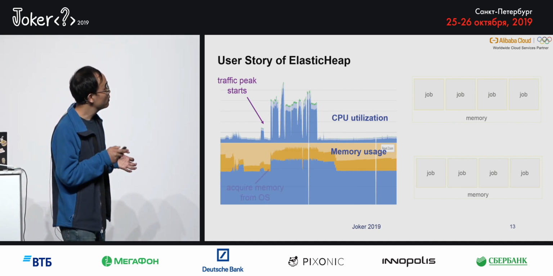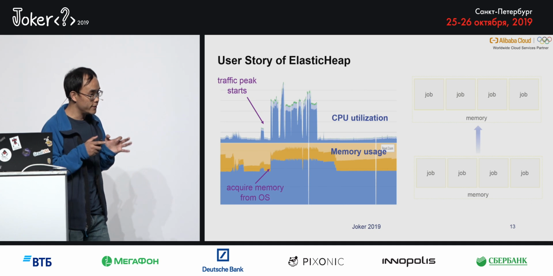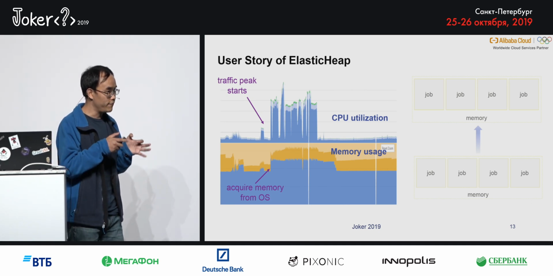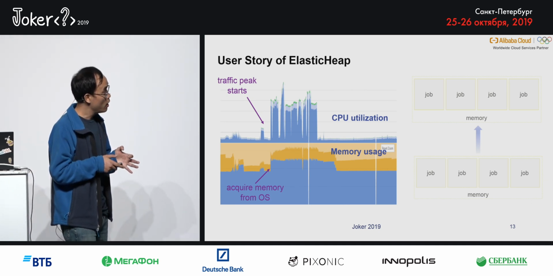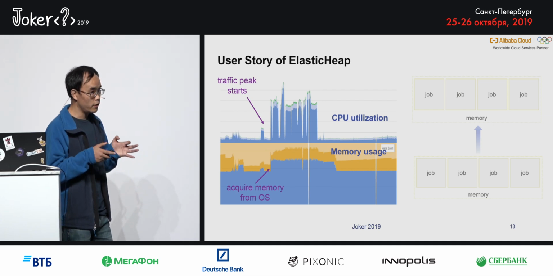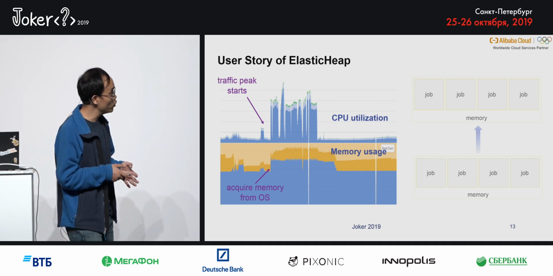After that, the JVM for the online job is using elastic heap to acquire memory from the OS.